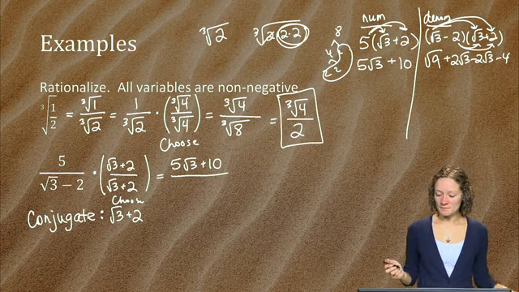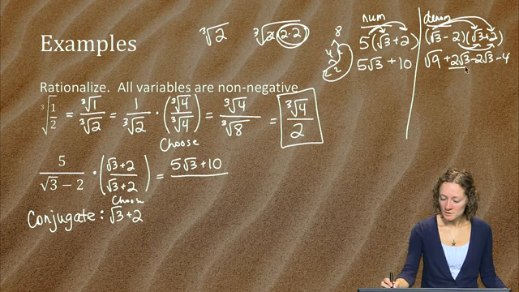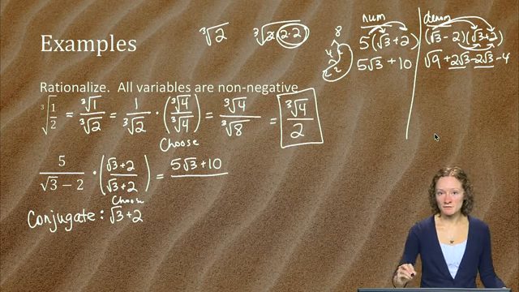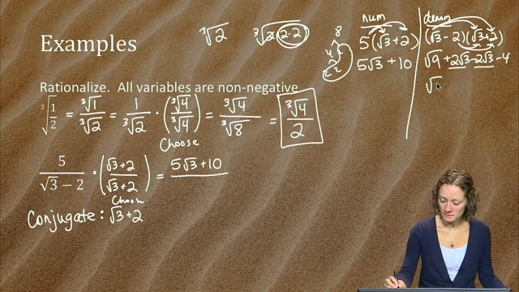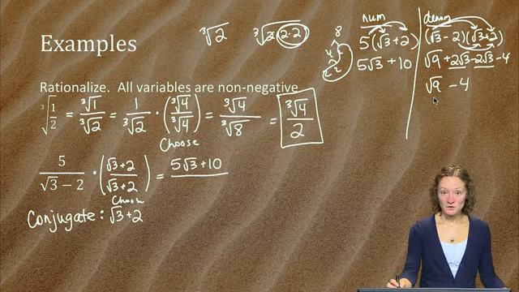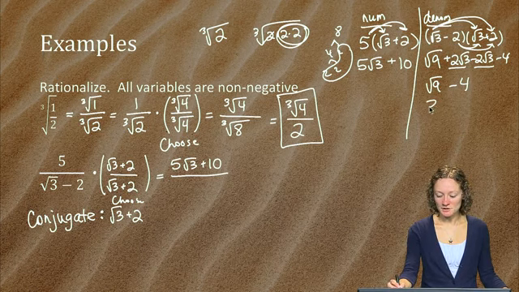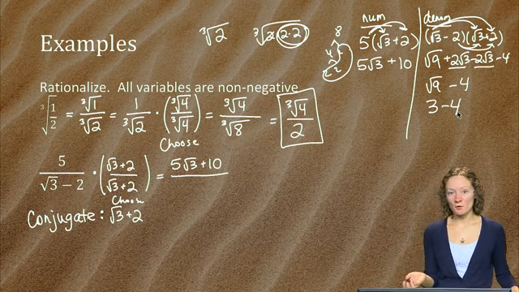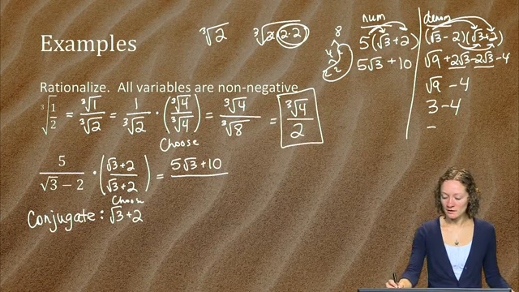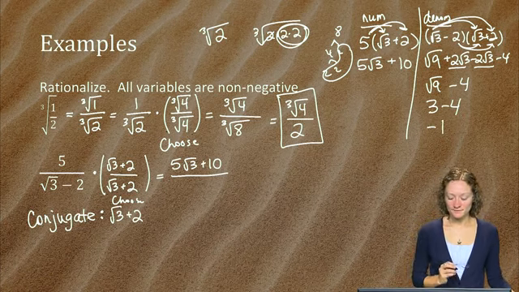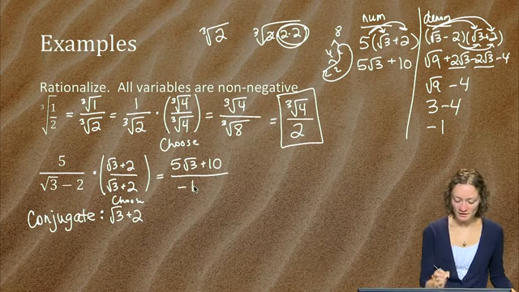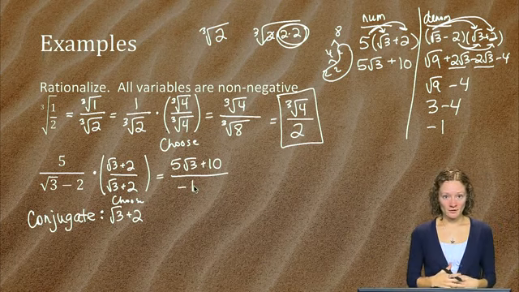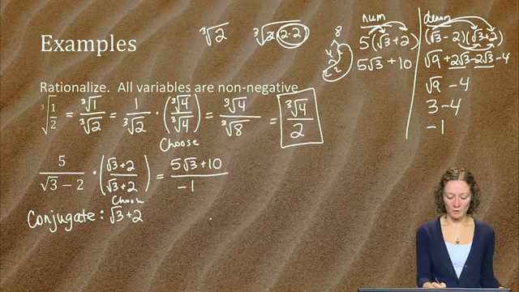Okay, clean this up. The plus 2 root 3 minus 2 root 3 cancel each other out. The square root of 9 is a perfect square, giving us a 3. And in this case, they're both numbers, so 3 minus 4 is negative 1. So our denominator crunches all the way down once we rationalize to negative 1.